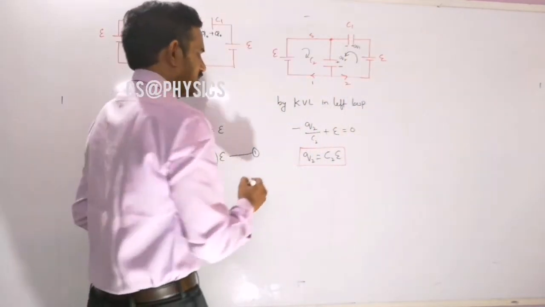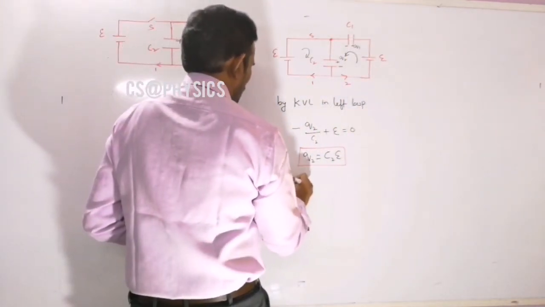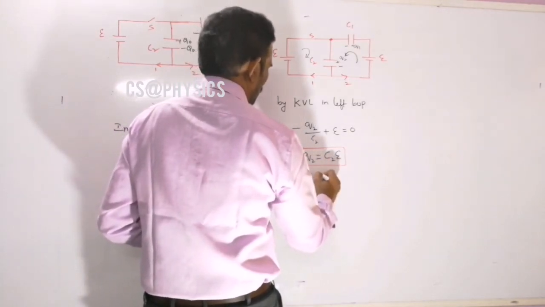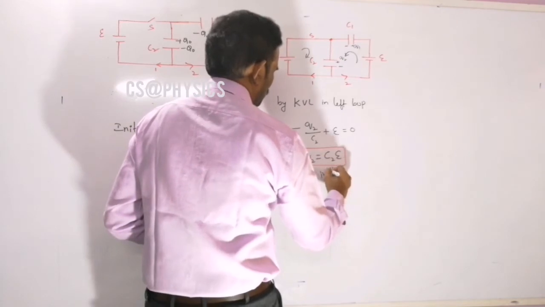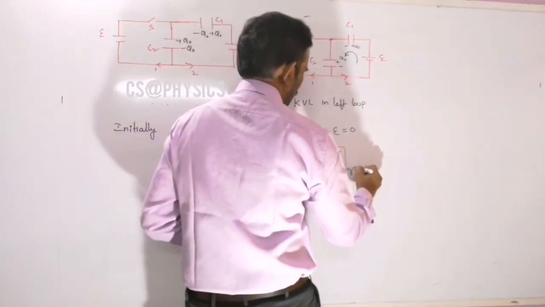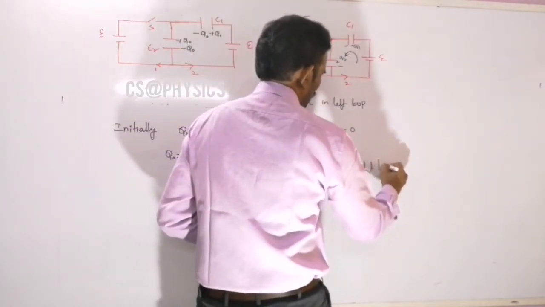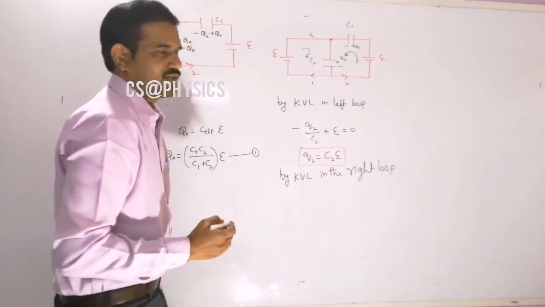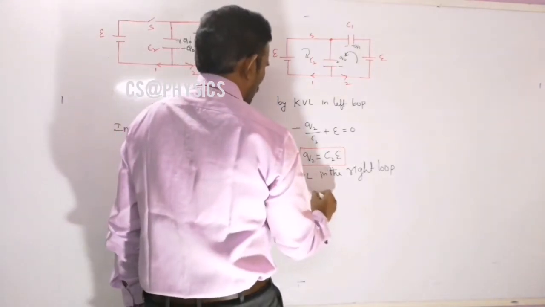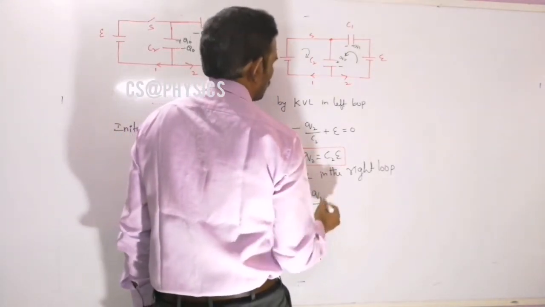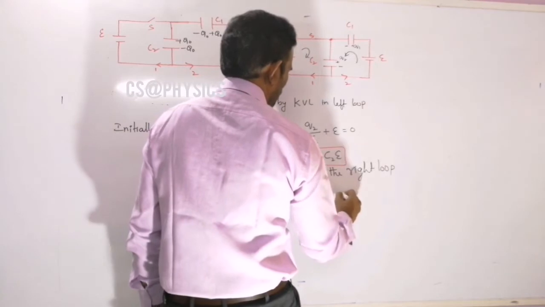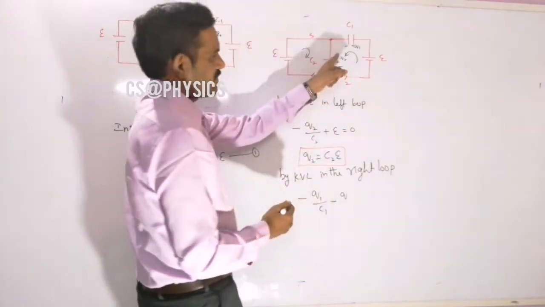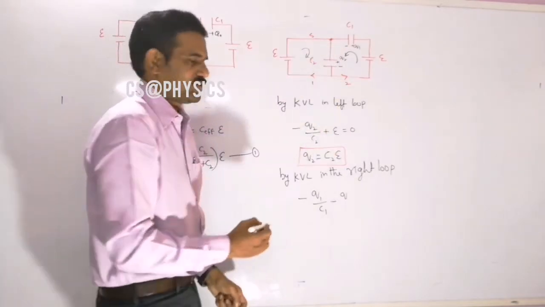So again by KVL in the right loop, starting from the capacitor, it is minus Q1 by C1, and there also it is minus only, because we are traveling from positive plate to negative plate.